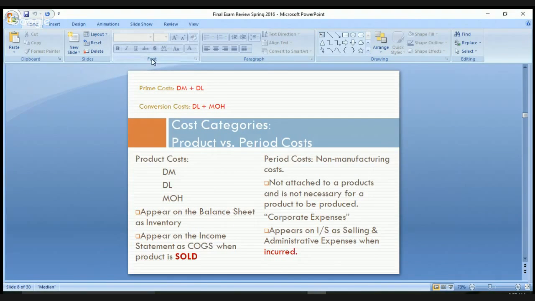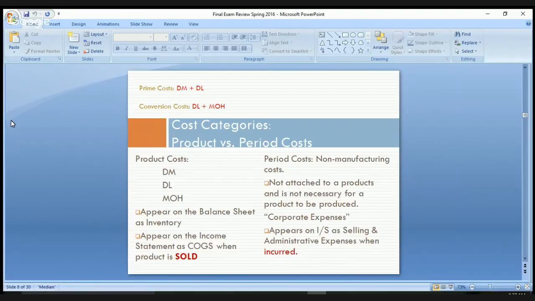Okay, so you need to know what prime costs are, which is direct materials and direct labor, and the conversion costs of direct labor and manufacturing overhead. Think of the prime cost as what it takes to start the process, and the conversion cost is what it takes to get the raw materials into the product that you want it to be.